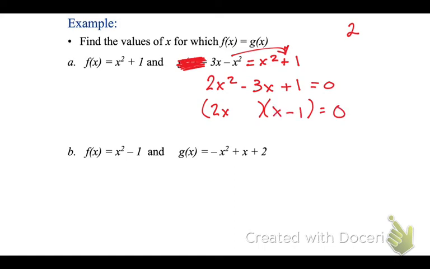And then set both of them equal to 0. And x equals what? Add the 1, divided by 2 is 1/2. And add the 1 is 1.